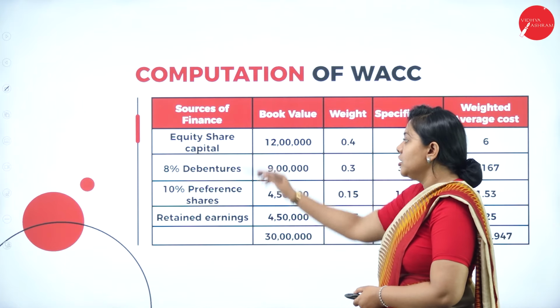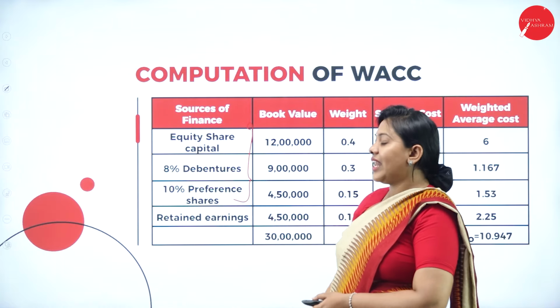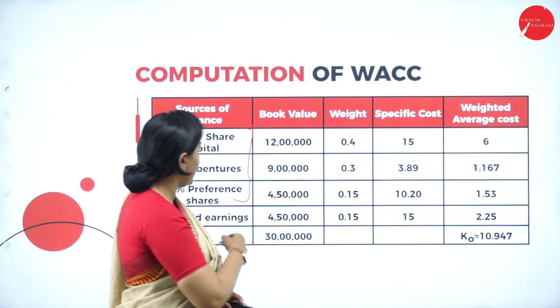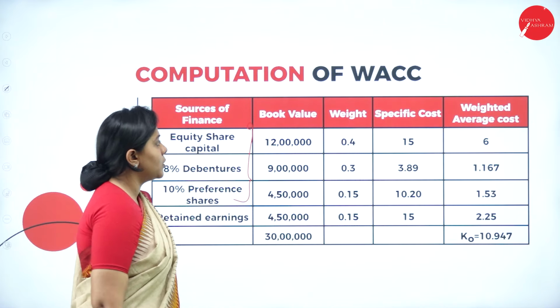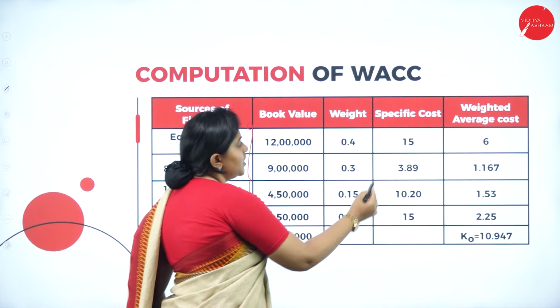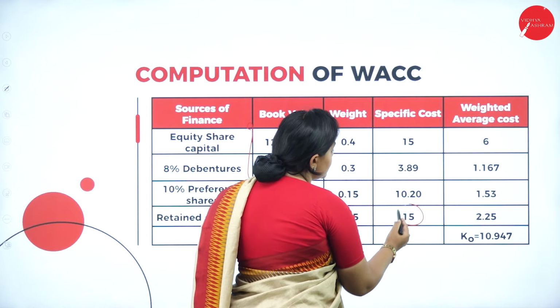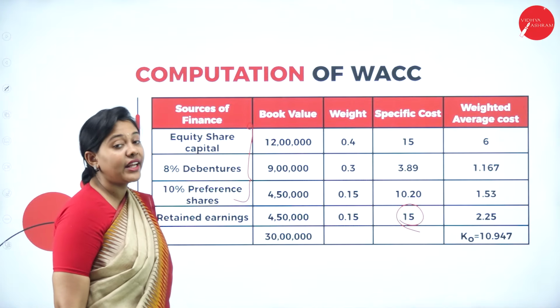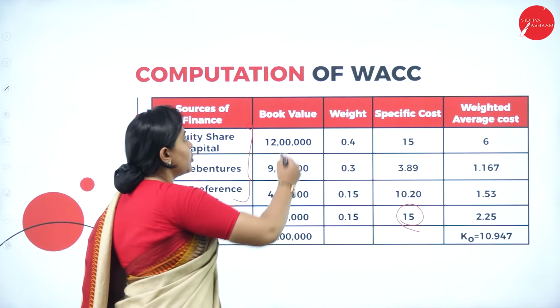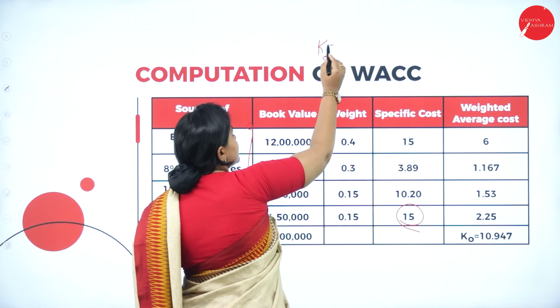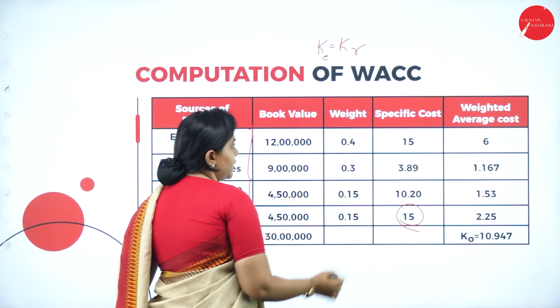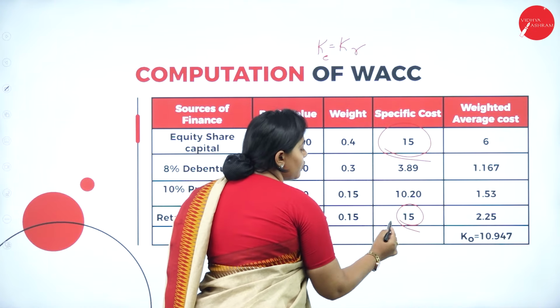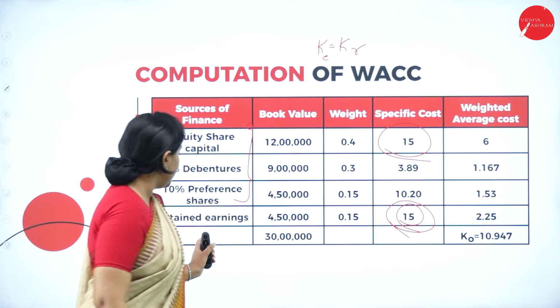Computation of WACC. The following information from the balance sheet we have taken. All the values will be similar; only here the specific cost changes. Equity share capital and retained earnings are similar, as I have told you. Cost of equity is equal to cost of retained earnings, so equity is 15%, and we have taken this 15% for retained earnings.